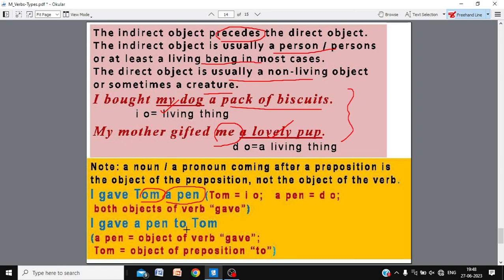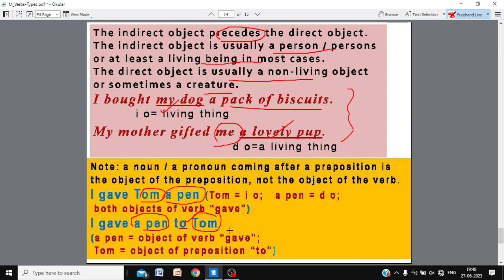I gave a pen to Tom. Now this has only one object. I gave a pen, this is the object. Tom is the object of the preposition, not the object of the verb. A noun or pronoun coming after a preposition is the object of the preposition. So it has only one object. Pen is the object.